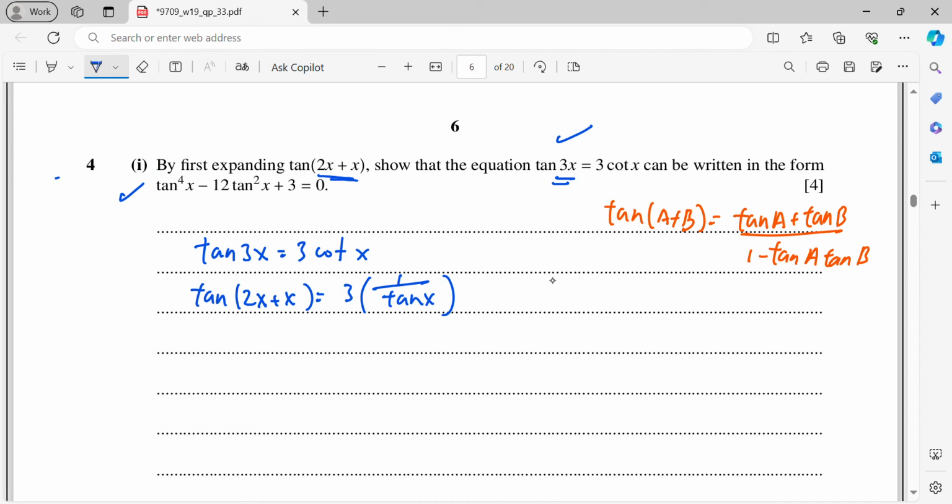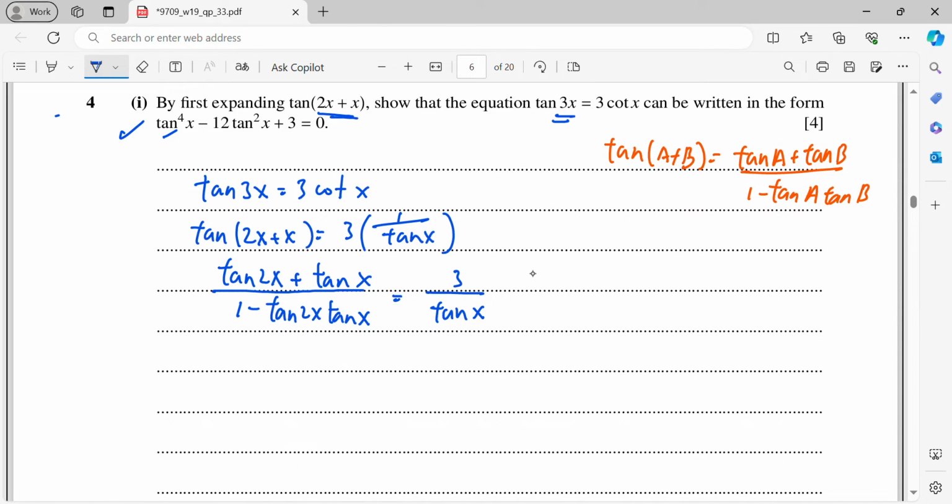So it means that I will be getting tangent 2x plus tangent x over 1 minus tangent 2x tangent x, then equals to 3 over tangent x. And now I need to get this quadratic equation whereby the degree for tangent x is 4. So the easiest way is just multiply first.